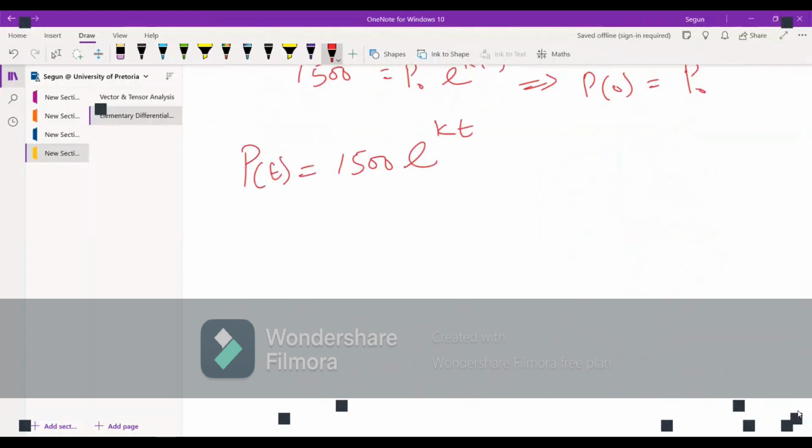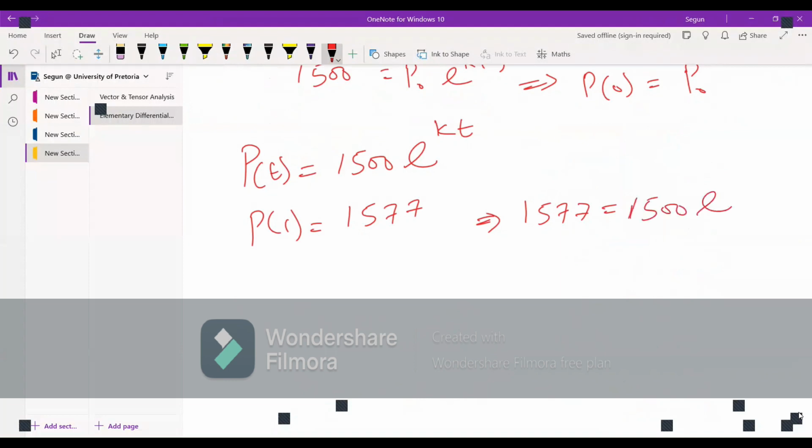Then we know that P of 1, at the first year, will be 1,577, as given on the table. So 1,577 equals 1,500 exponential k of 1. When you divide through both sides by 1,500, you have 1.0513 equals exponential k.